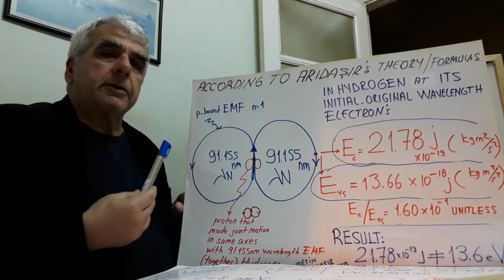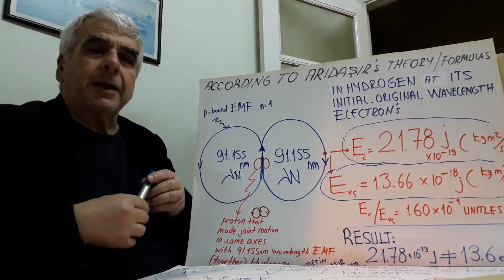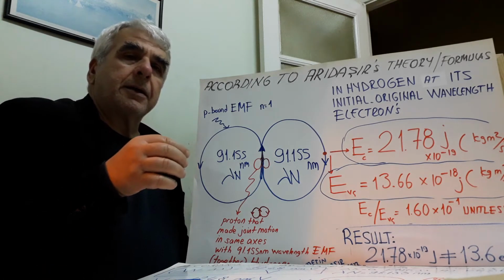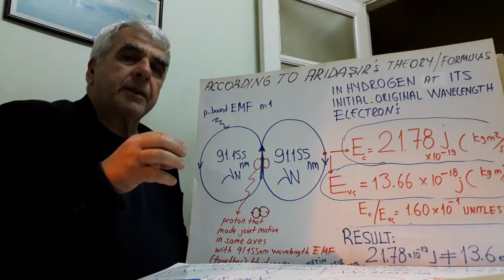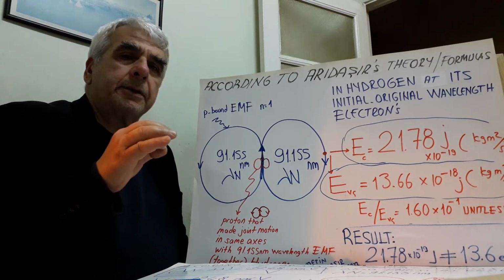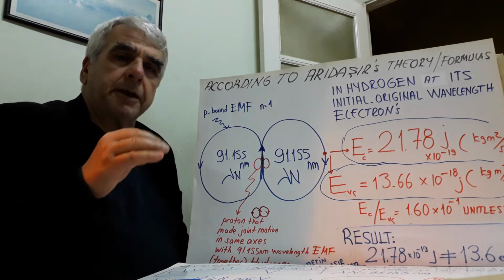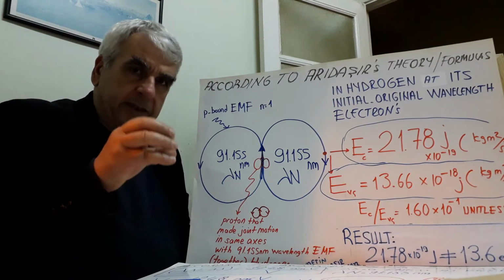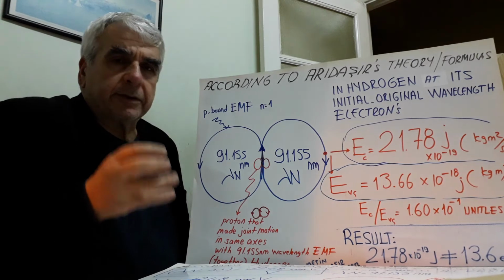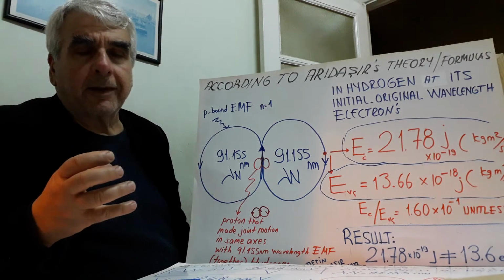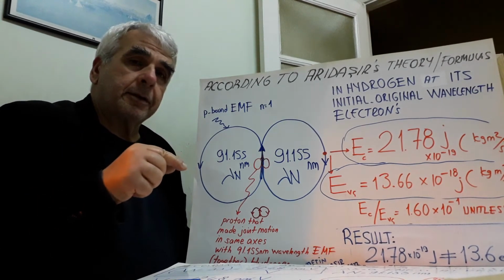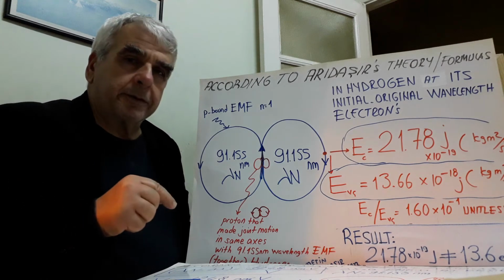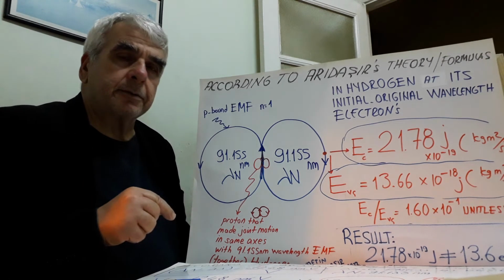Because accepted physics theories have only a single 9.11 10 to the minus 31 kilogram mass electron and only a single energy. And this electron in accepted physics is a point particle, it is dimensionless.